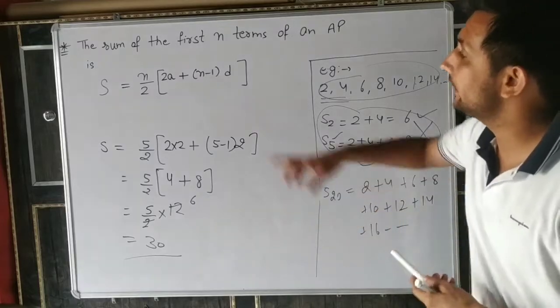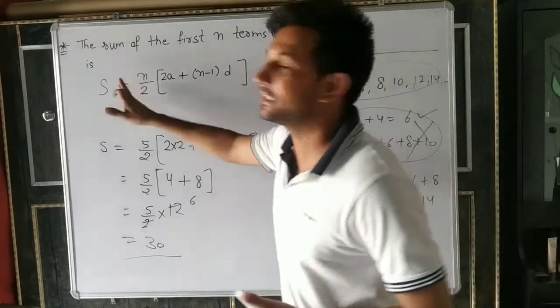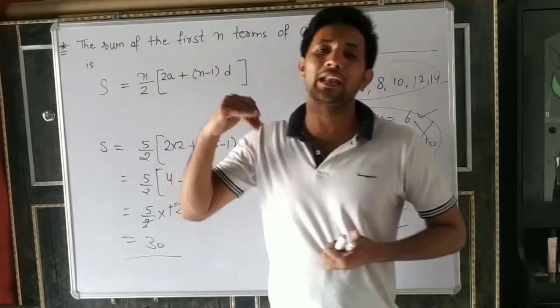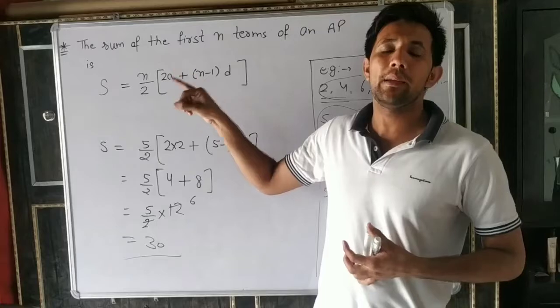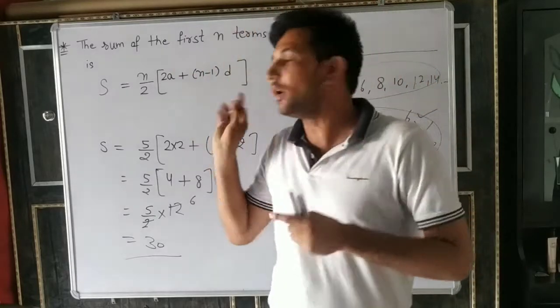Understand here? But if you know this formula, S equals the sum equals n upon 2 bracket 2a plus n minus 1 into d.